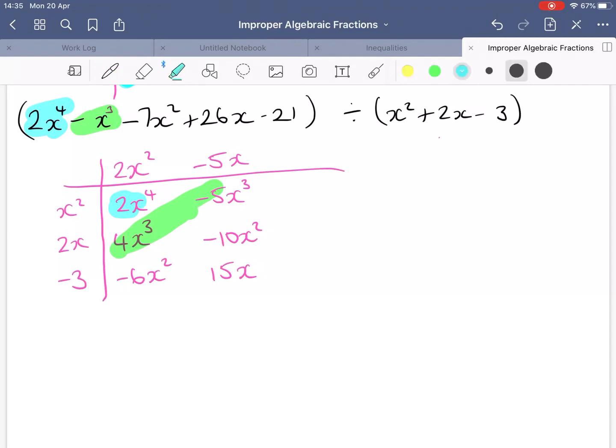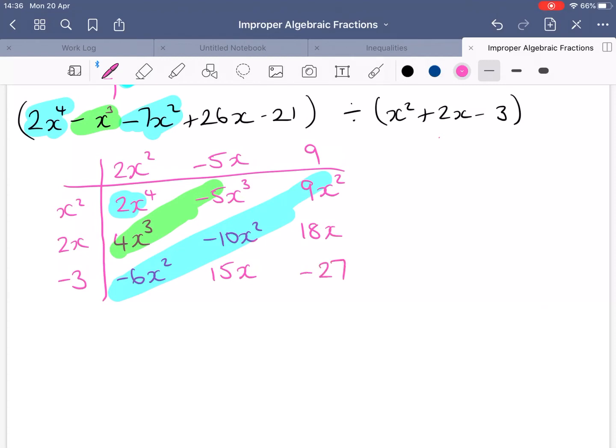Now this is the bit that is again different. We've got to think these diagonals now make the minus 7x squared. So I've got minus 16x squared here, but I only want minus 7x squared. So I need to have a 9x squared. Fill in the column, because that's got to be a 9. So I'm going to have an 18x and a minus 27.